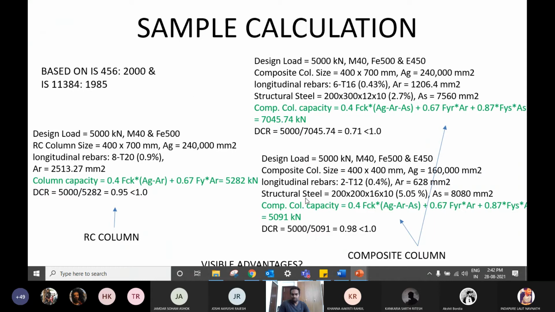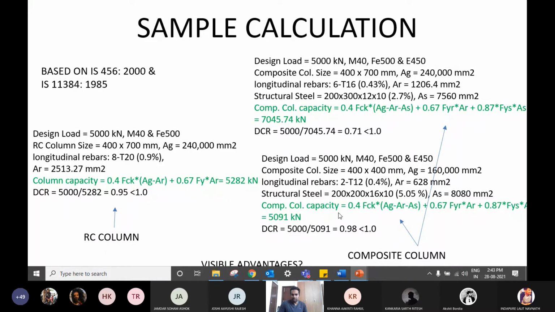Now I'm providing much less structural steel compared to the previous case: a 200 mm depth instead of 300 mm, a 16 mm flange thickness and 10 mm web thickness. That's increased if you look at the proportional cross-section area, but it's actually less than your previous case.